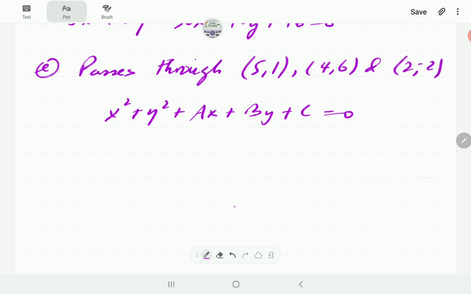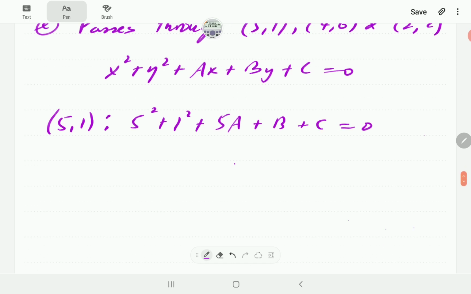So if we start with the first one, at 5, 1, then this is going to be 5 squared plus 1 squared plus 5a plus b plus c is equal to 0. Just tidy this up. So 5 squared is 25 plus 1, 26.